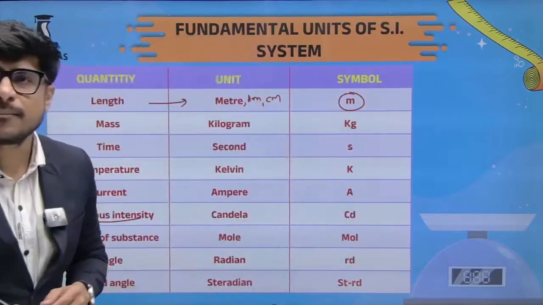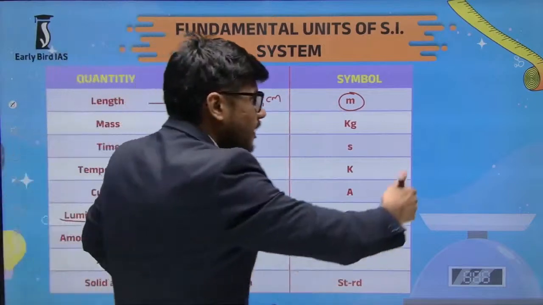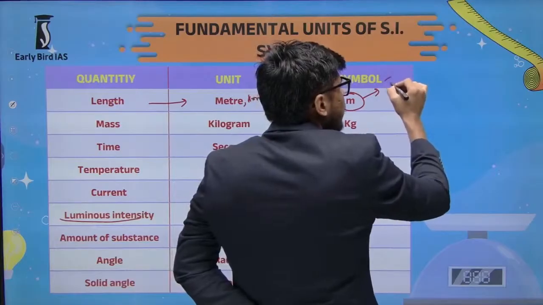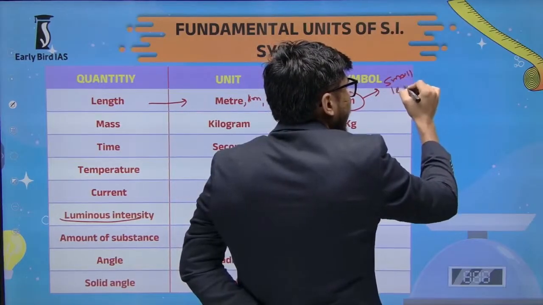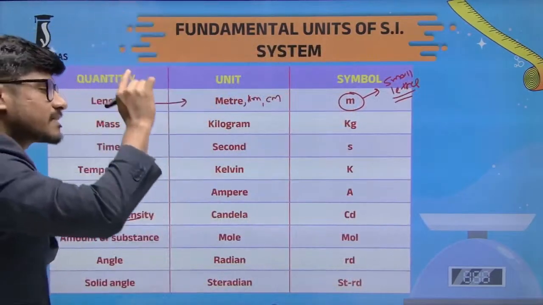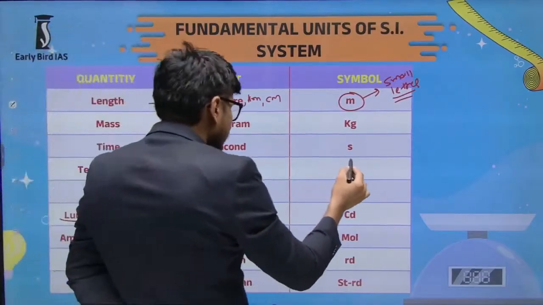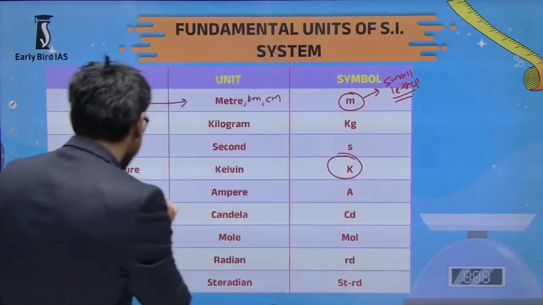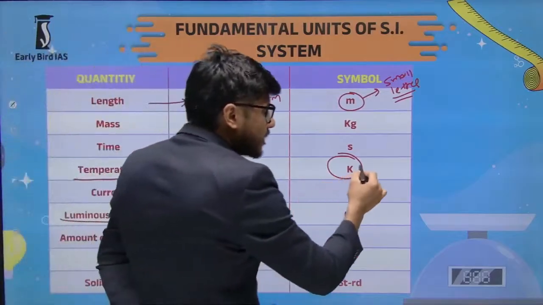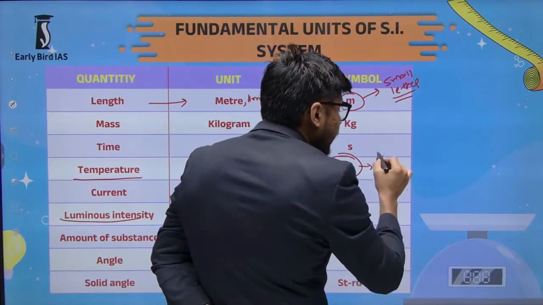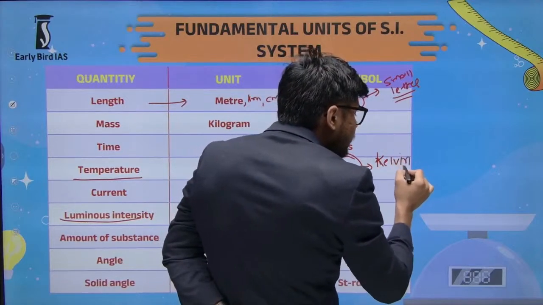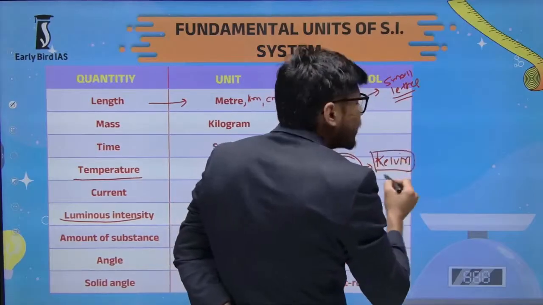Now remember this important thing, my children, early birds: symbols are always in small letters, except when the symbol is derived from the name of some scientist. For example, the unit of temperature is the Kelvin, and we use a capital K. Why? Because this symbol is derived from the name of the scientist Kelvin.